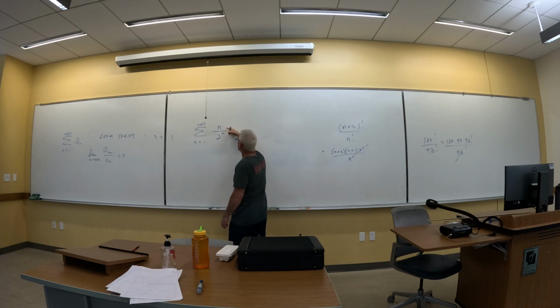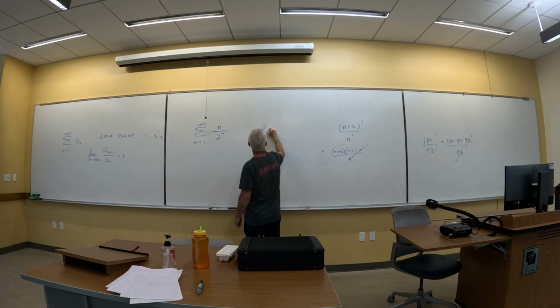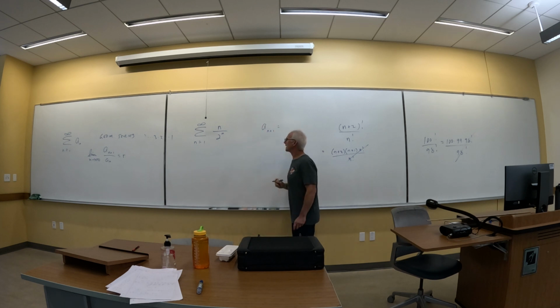Consider the n plus first term and the nth term. First of all, what would the n plus first term be? That means you're replacing n with n plus 1, so what would that be? n plus 1 over 2 to the n plus 1.